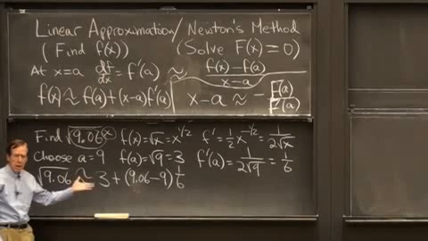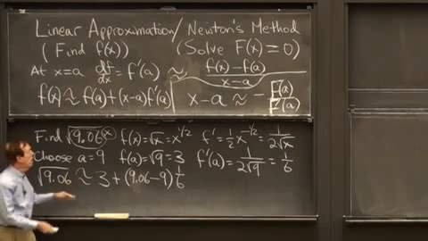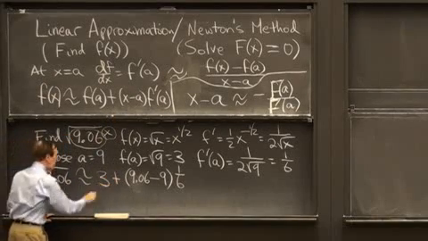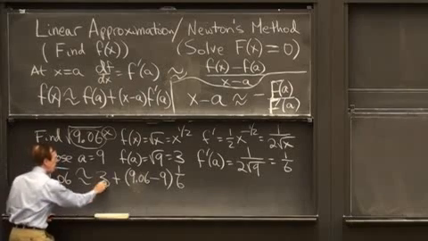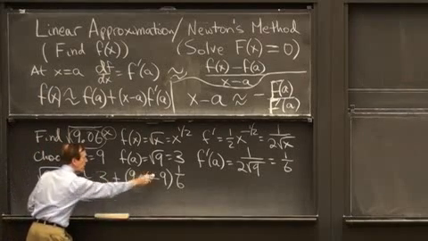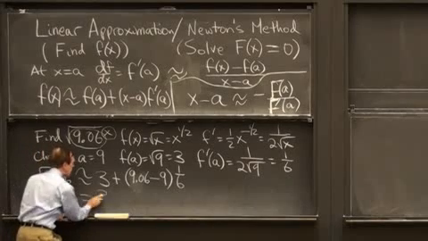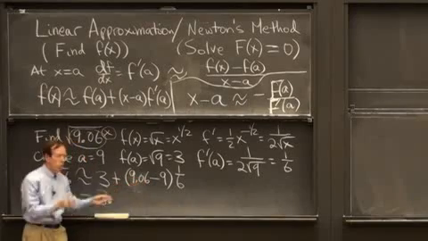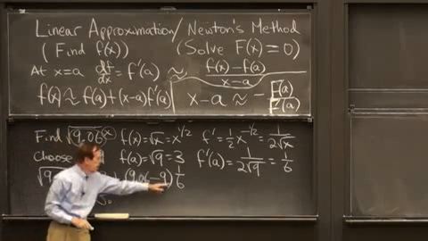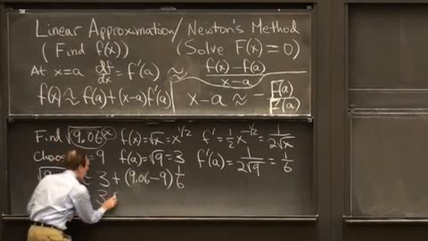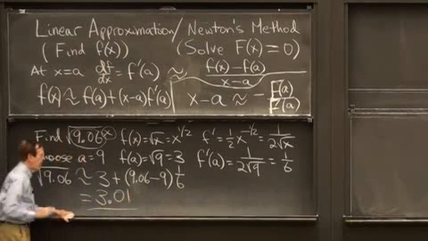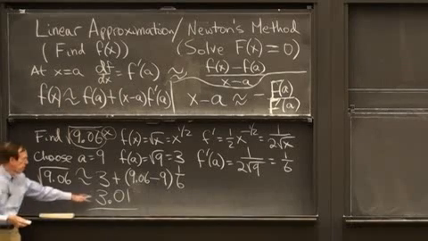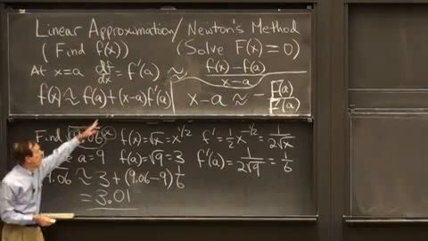That's the linear approximation, following this line to this number, which is what? 3 plus, that difference is 0.06, divided by 6, it's 0.01. That's the approximation, closer than 3, that comes from following the line.